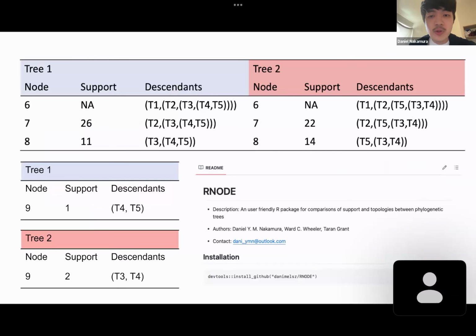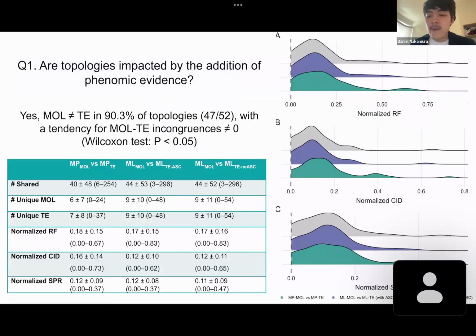We also wrote an R package called Arnold, in which, given 2 input trees, we can automatically prepare a data frame with the matching nodes, the support values, and the composition of descendants from that node. Everything can be used for statistical analysis.